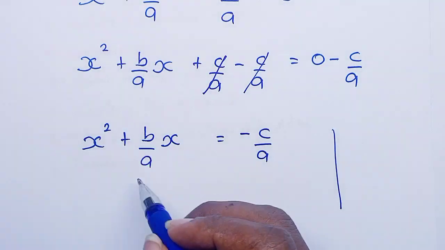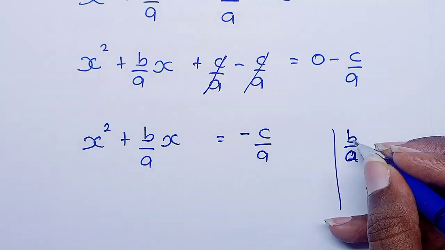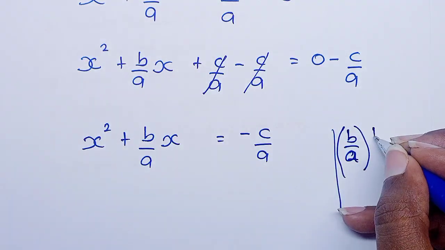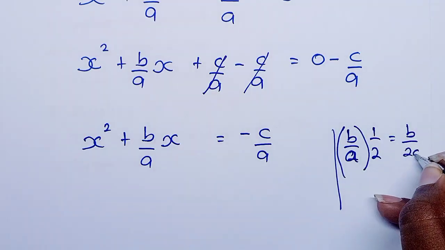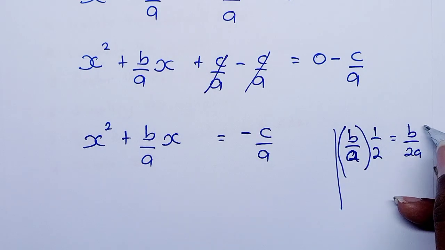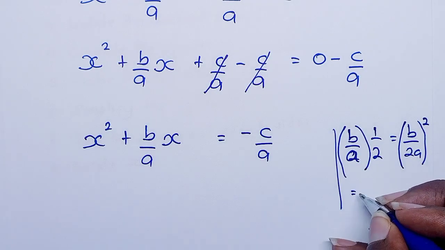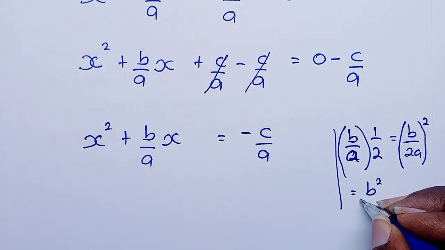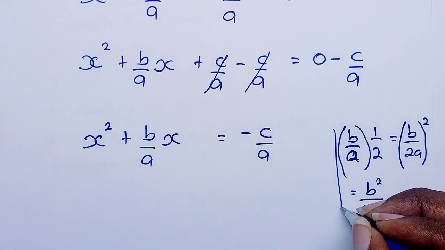So the coefficient of x is b over a. Then you take half of it, which is equal to b over 2a. After doing that, you need to square the result. So you square this, which gives us b squared over 4a squared.